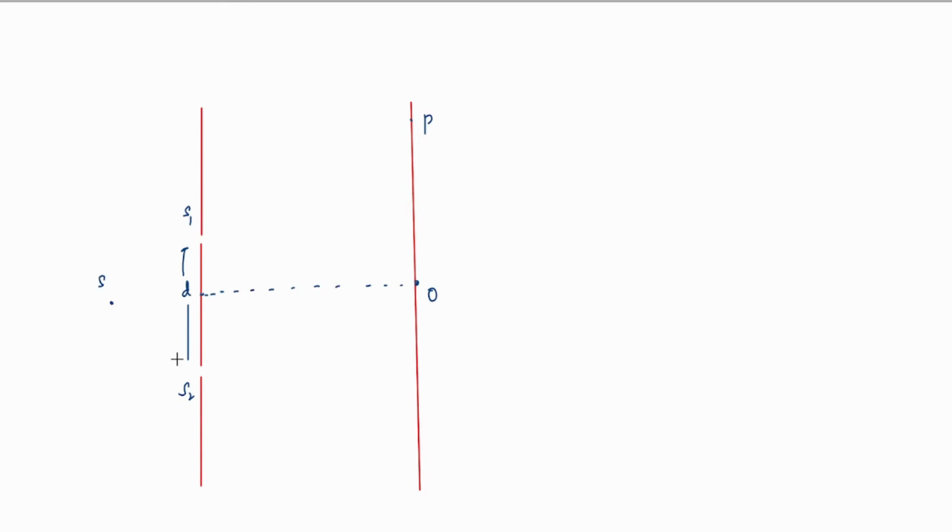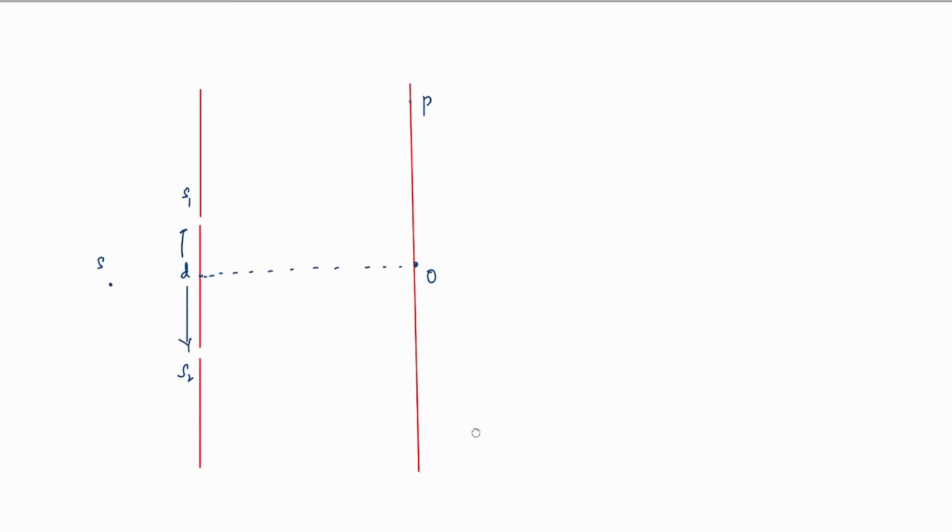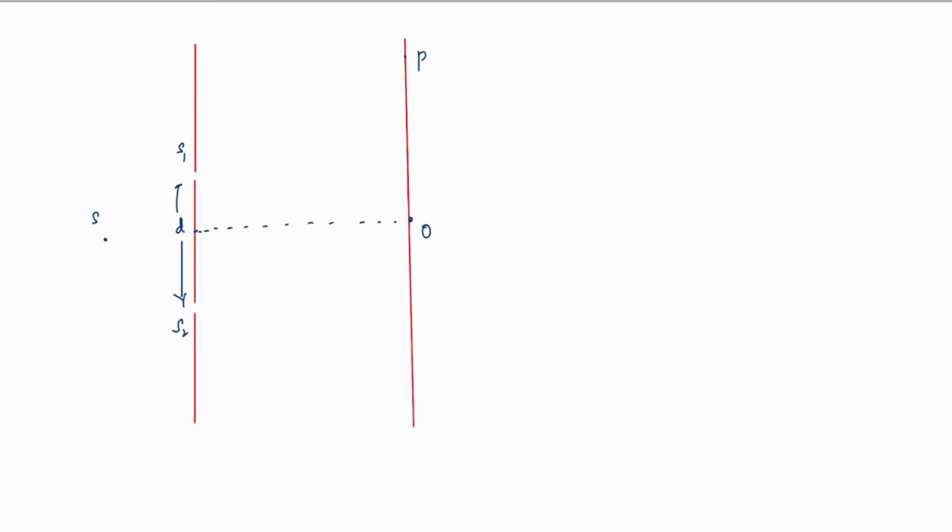And also let the distance between the slits and the screen be capital D. These are general terms used in almost every book. So we first find out whether the point P contains a bright band or a dark band. Let's take the distance from P to O as some xn.